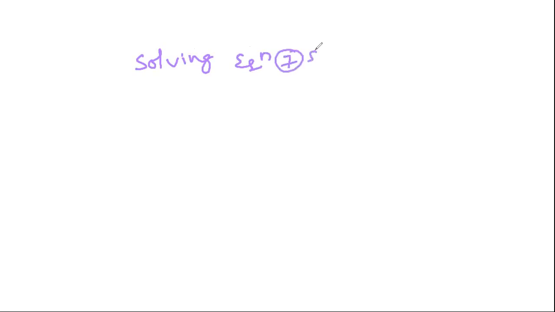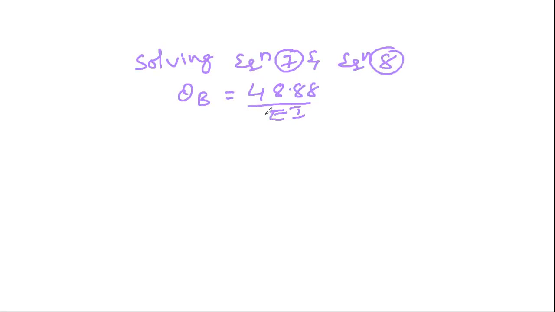After solving equations 7 and 8 in the calculator, you will be getting theta B as 48.88 by EI, and the theta C value as minus 51.11 by EI.